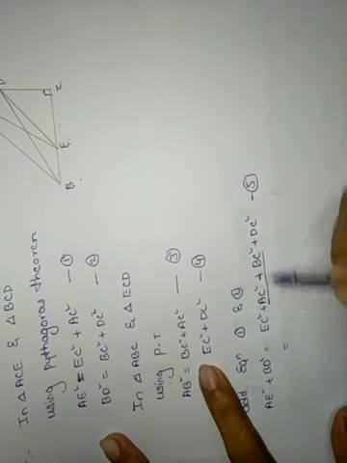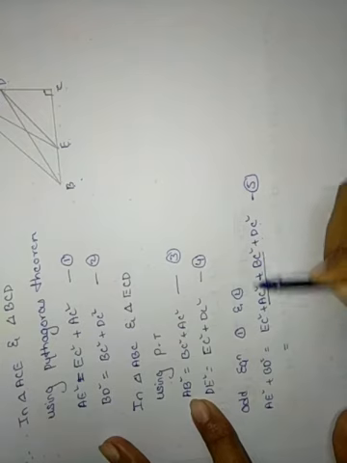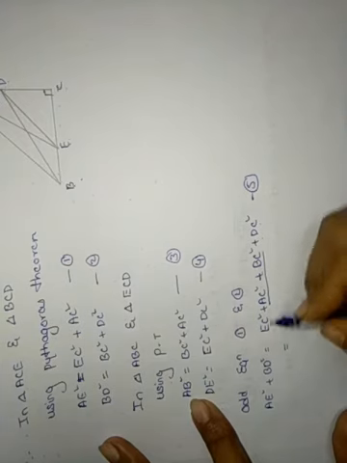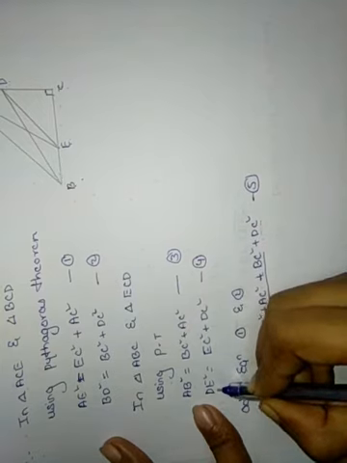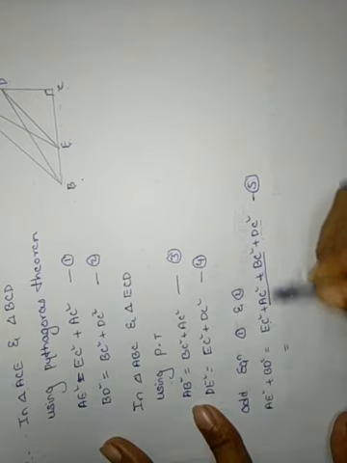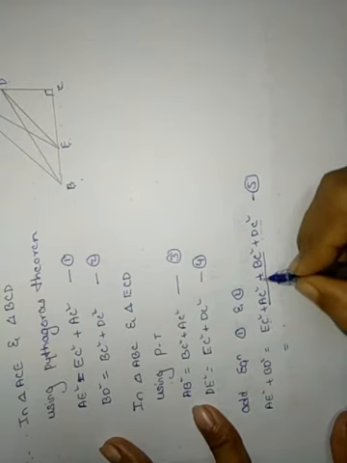Here I am going to substitute AC square plus BC square. What are we getting here? We are getting AB square, so I am going to replace this by AB square. And EC square plus DC square gives DE square, right? So instead of EC square plus DC square, I will write DE square.